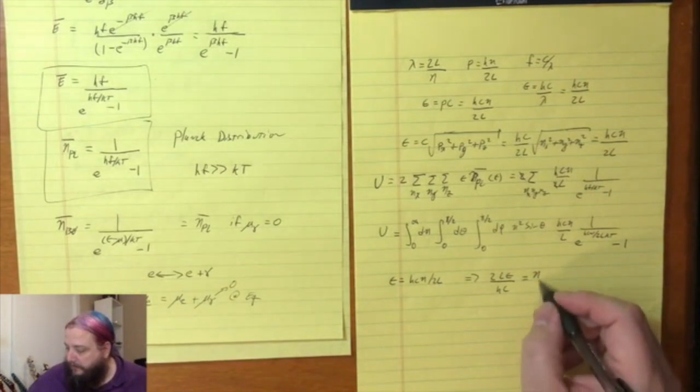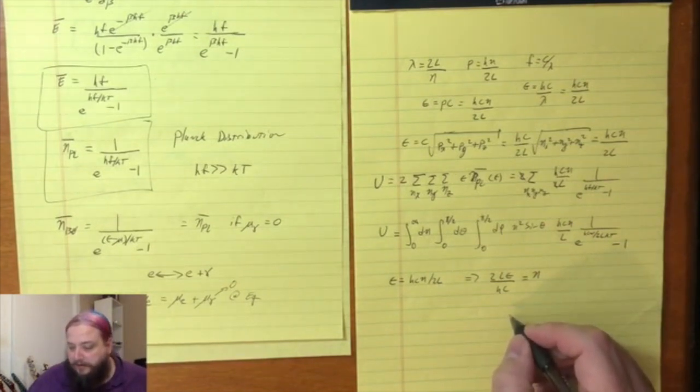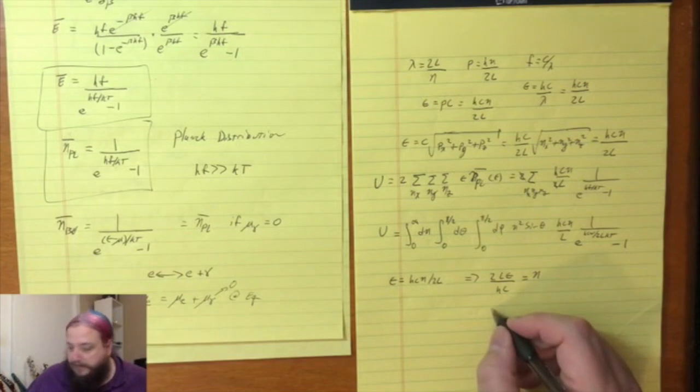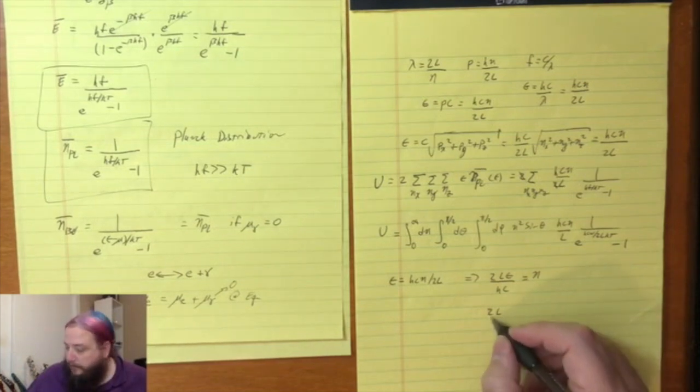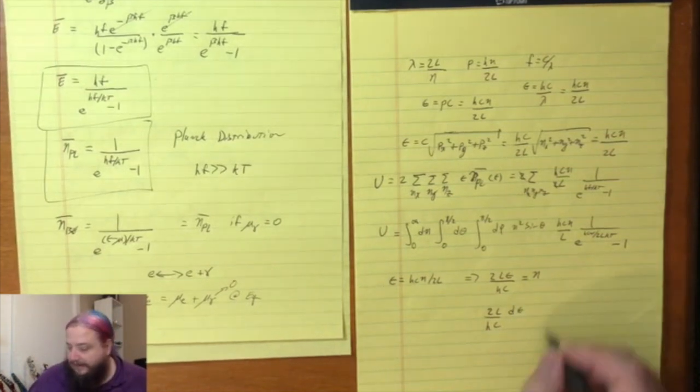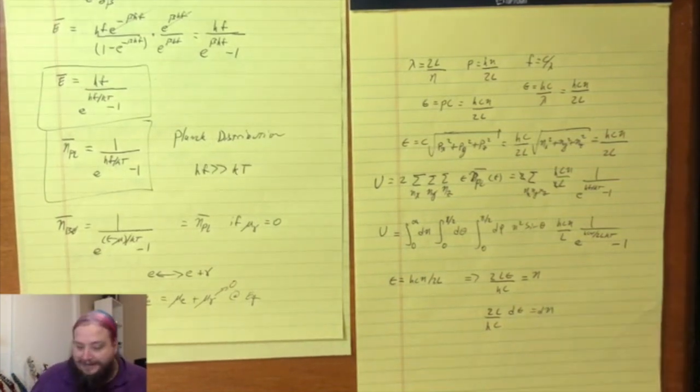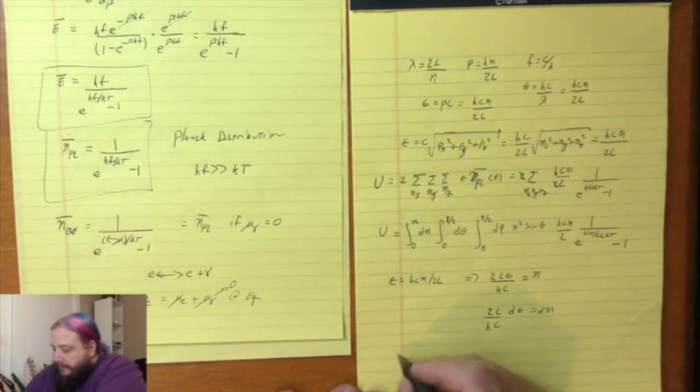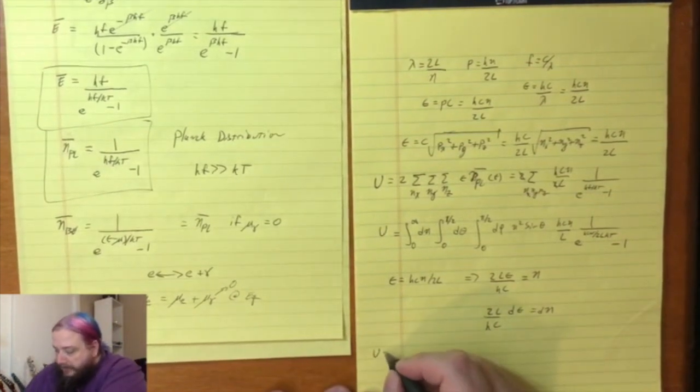Occupation area is our mode number, and if we take the derivative of that, 2L over hc times dE is our dN, and so we can rewrite this integral.